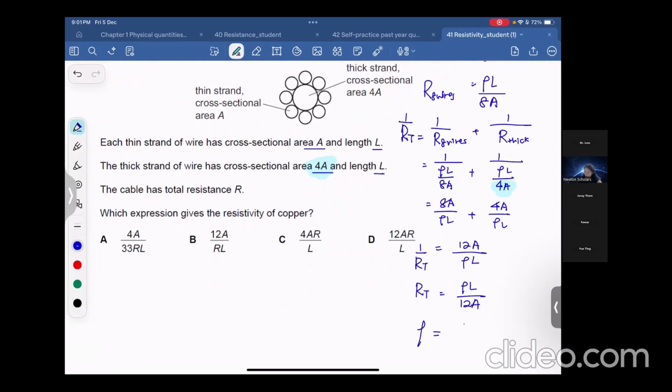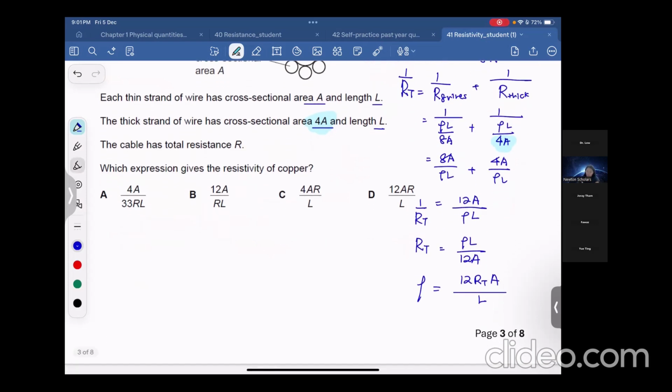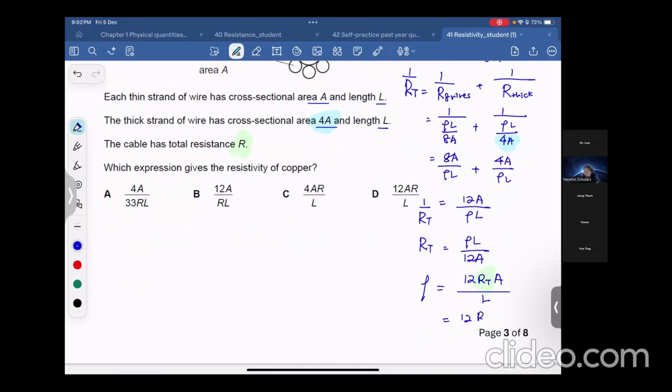Rho is 12 total A divided by the length. What is your total resistance? Your total resistance is given the symbol R. So 12 RA divided by L. So your answer for this question should be D.